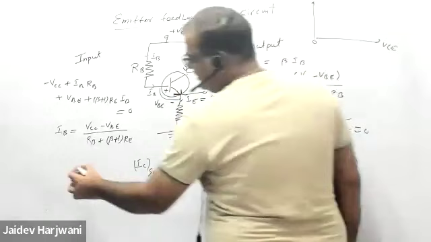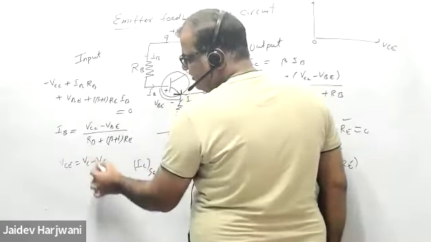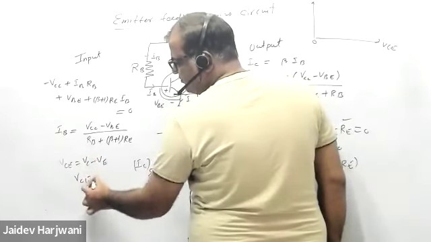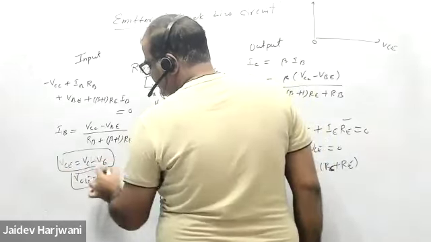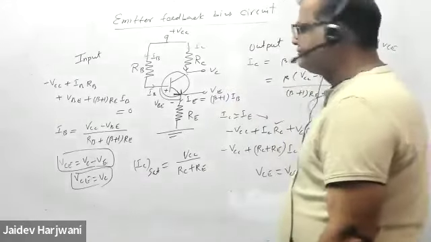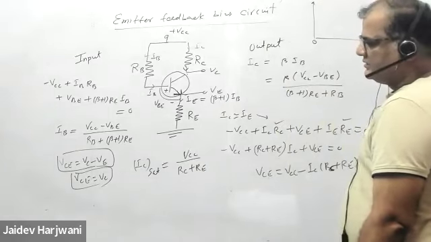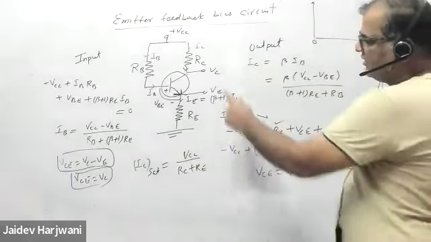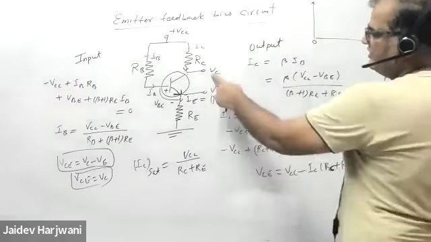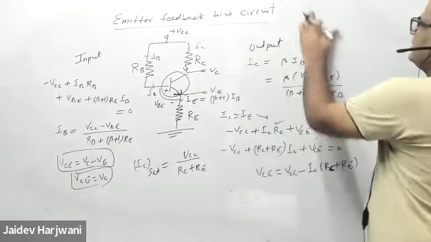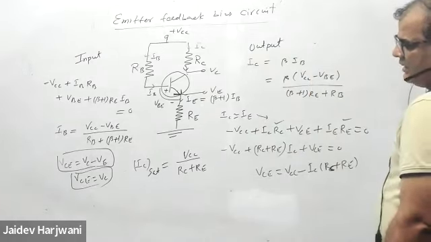So if I want to write VCE, that is VC minus VE. Earlier VE was 0, so VCE was equal to VC, but not now. Now your VC and VCE are different. Okay, that point you have to keep in mind in this circuit. And how to calculate VC, tell me. VC you can find from this equation. How to calculate VC?